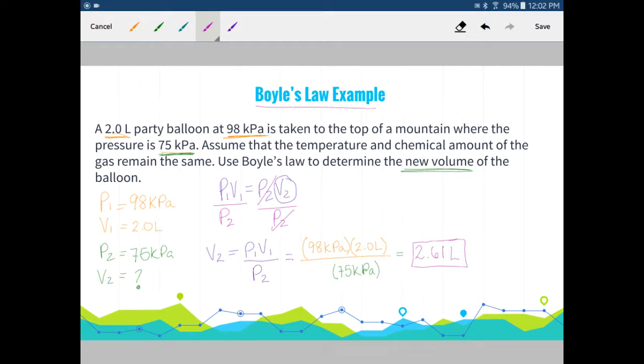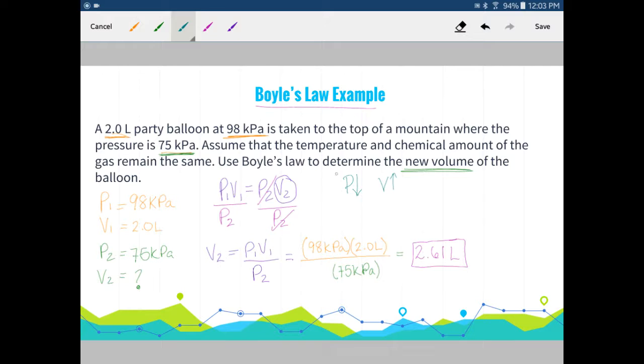Now, we want to make sure that this number makes logical sense. I know that Boyle's law is an inverse relationship, which means that as pressure decreases, my volume should increase.